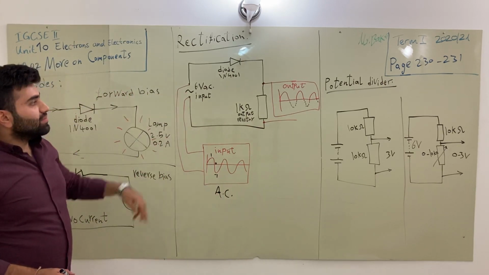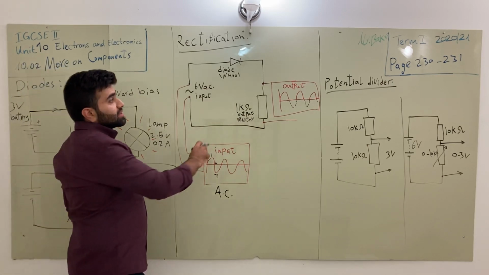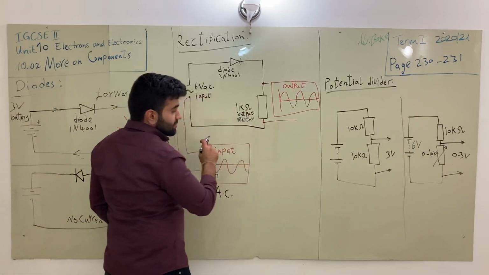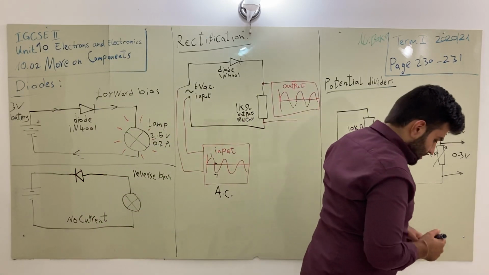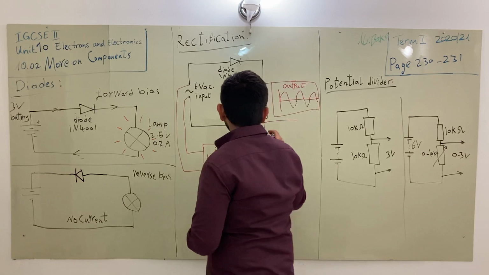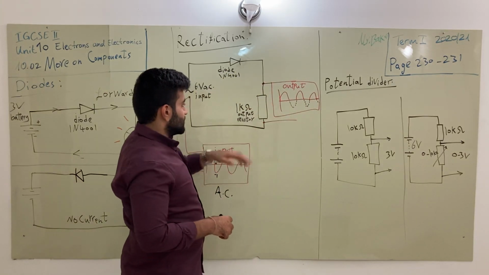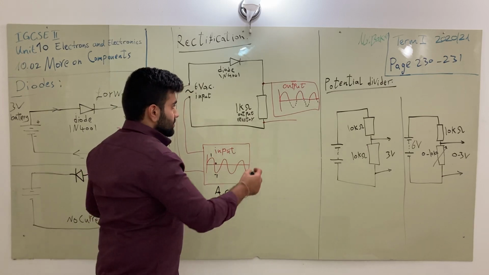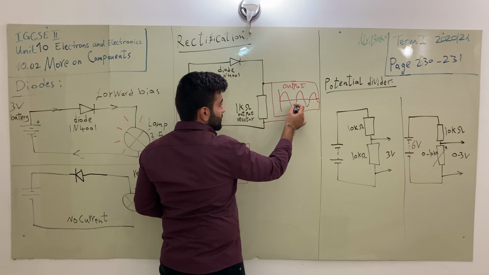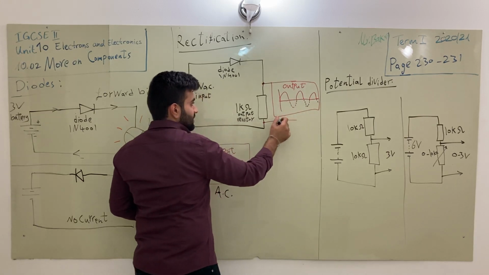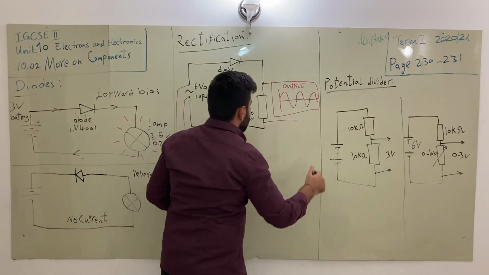So here we have a 6 volt AC power supply. It's coming through the diode, and then we have the output resistor, which is for finding out the output. So the output will be just a half wave, and the rest will be deleted. The output is in red, just a half wave.